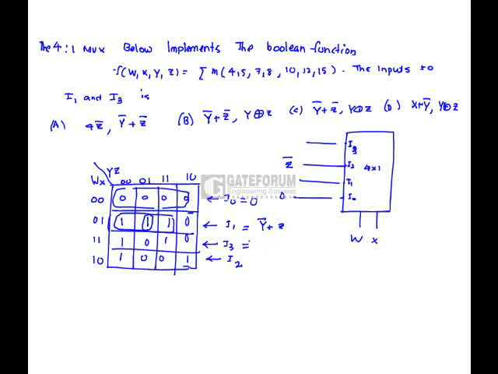So I3 is y exclusive NOR of z, and I2 is nothing but z bar. Hence I1 is y bar plus z, and I3 is y exclusive NOR z. Hence option C is correct.